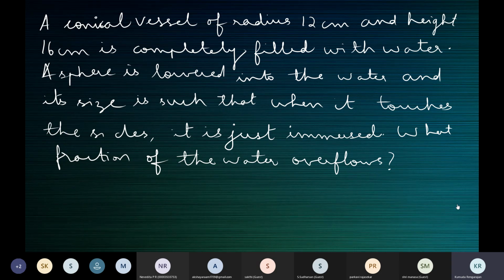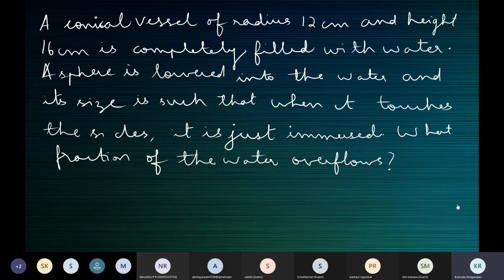The cone is filled with water to the brim, completely filled with water. So when a sphere is lowered into the water, the volume of the water that overflows will be equal to the volume of the sphere. A sphere is lowered into the water and its size is such that when it touches the sides of the cone, it is just immersed.